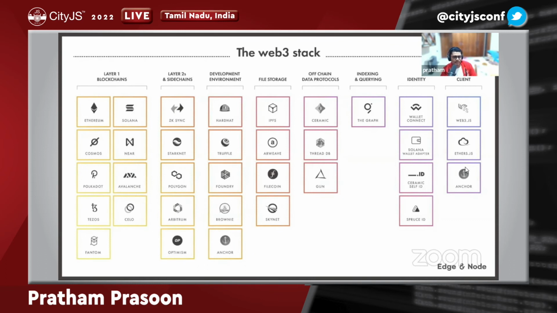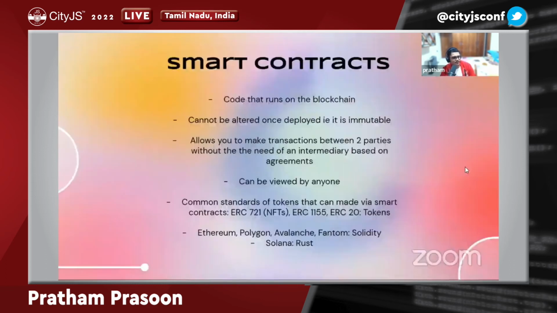Now I remember how I mentioned something called a smart contract. So a smart contract is essentially code that runs on the blockchain. This can be done using Solidity, as I mentioned before, on the Ethereum ecosystem, and Rust on the Solana ecosystem. And this code, once it is deployed to the blockchain, cannot be altered.